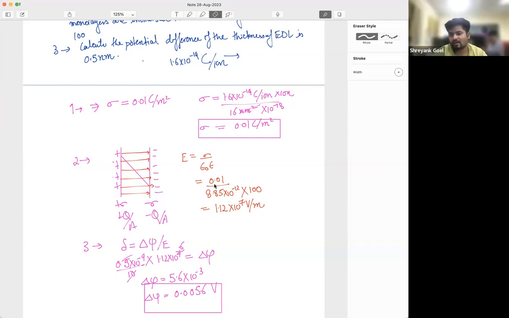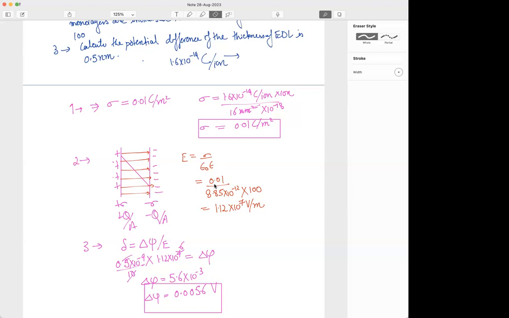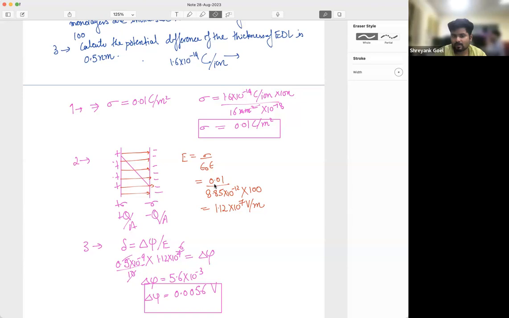So actually my concept was not clear, that's why I was asking. I cannot discuss this question clearly right now, but it is very clearly discussed when the depletion interaction will occur.